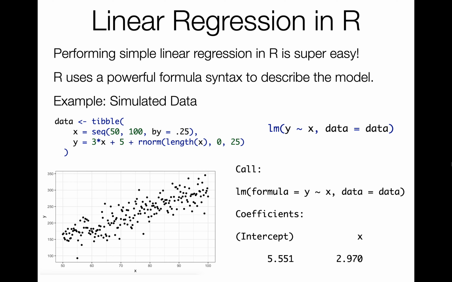It says that it calculated, from the data, using the method we described before, the slope to be 2.97, which is darn close to 3, and the intercept is 5.55, which is also pretty close to the intercept of 5. So this has done a good job at recovering that true line that we generated the data from. That's how easy it is to do the fitting in R.